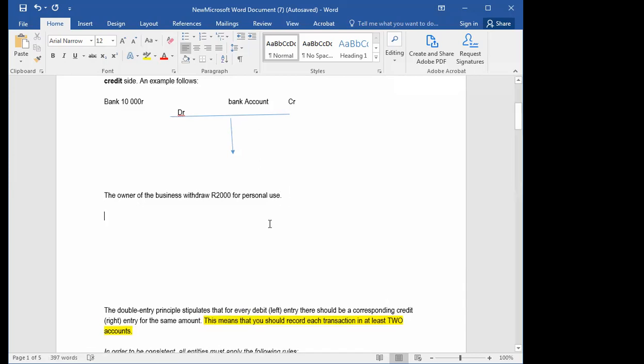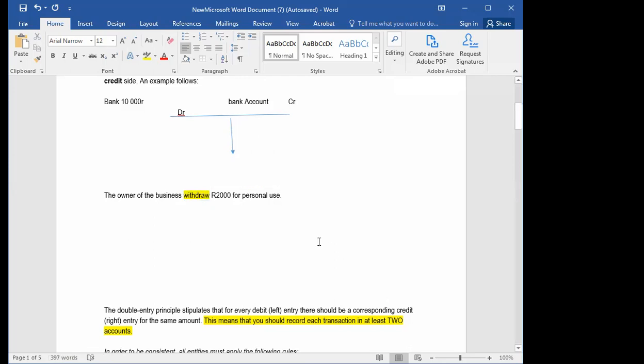What types of accounts are included in this transaction? The one that we need to identify before we can carry on recording this transaction. Firstly, we need to see the verb of the transaction. Firstly, the money has been withdrawn by the owner, you see?